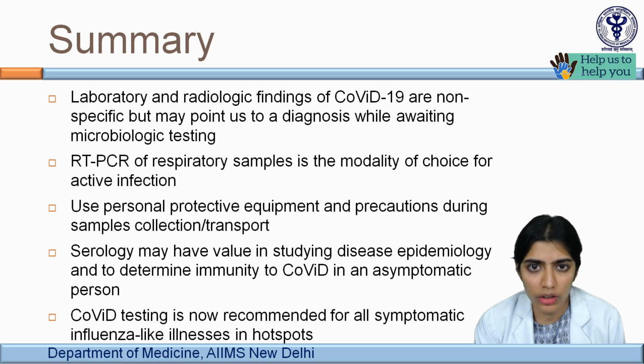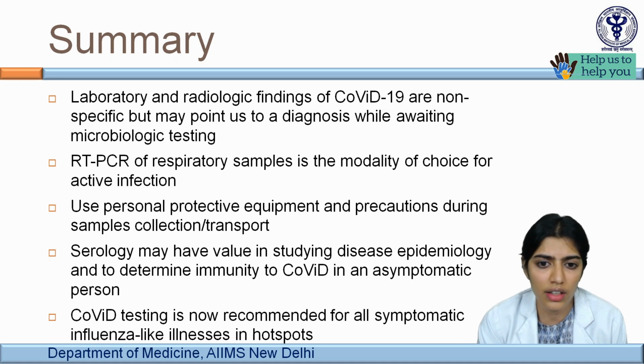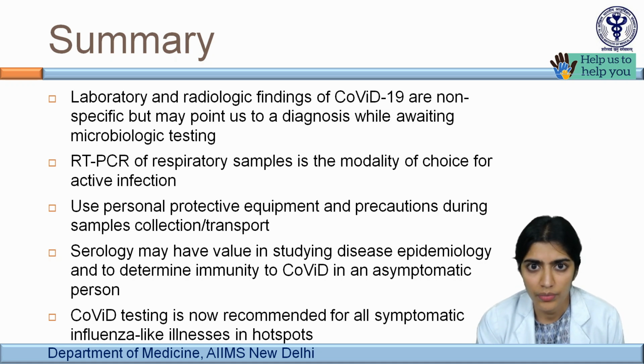It is very important to use personal protective equipment and precautions while collecting the sample. The use of serology is primarily in detecting infection late into the disease course and in studying disease epidemiology. COVID-19 testing is now recommended for all symptomatic influenza-like illness in hotspots as per ICMR's latest directive.